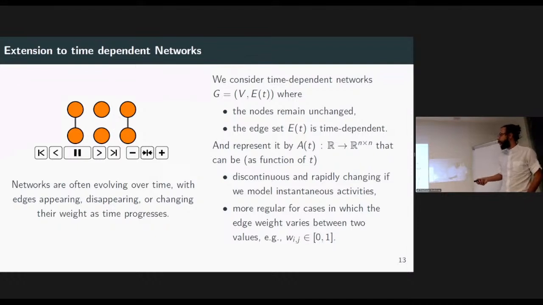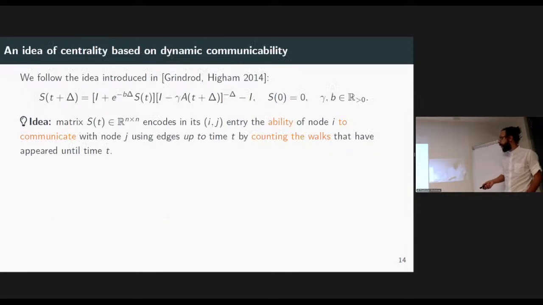One can look also at networks that evolve over time. So we have a fixed set of nodes and edges that move. This means that instead of having a fixed adjacency matrix, we have one that depends on time. So we may want to do the same procedure here.